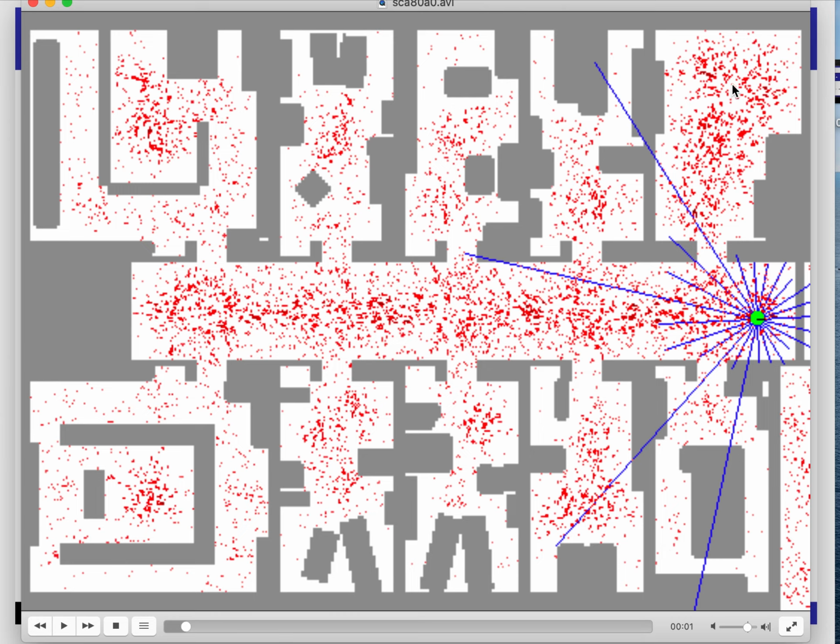The robot was up here and moved down to here, and the particles are now no longer uniformly distributed, but are where it could be based on the very noisy sensing information. The resampling is going to put us near hypotheses that actually fit the evidence.